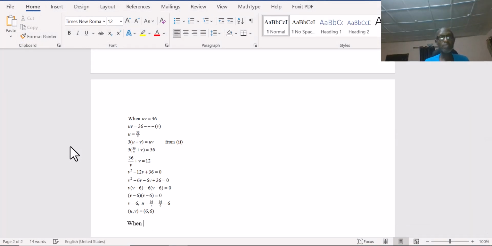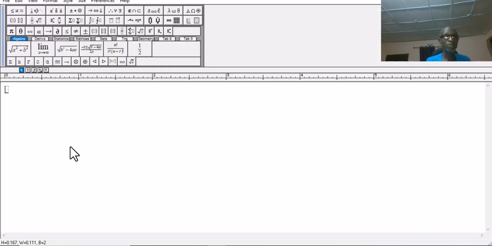When uv is equal to minus 9, we can see that our u is equal to minus 9 over v.